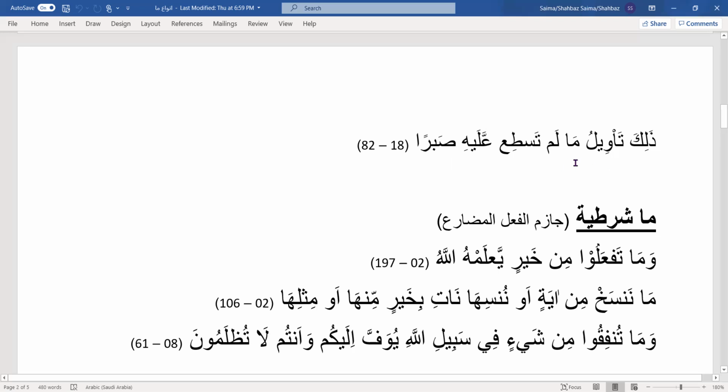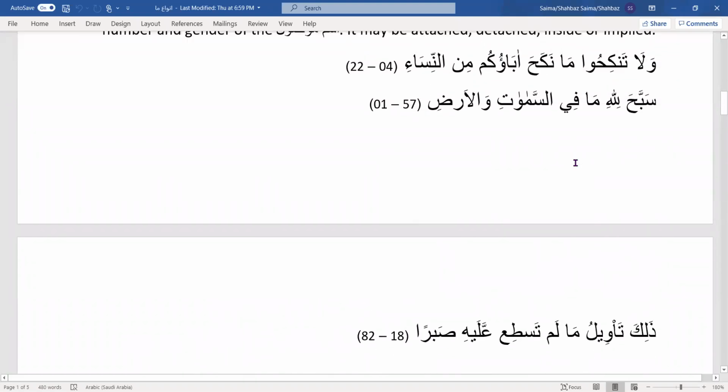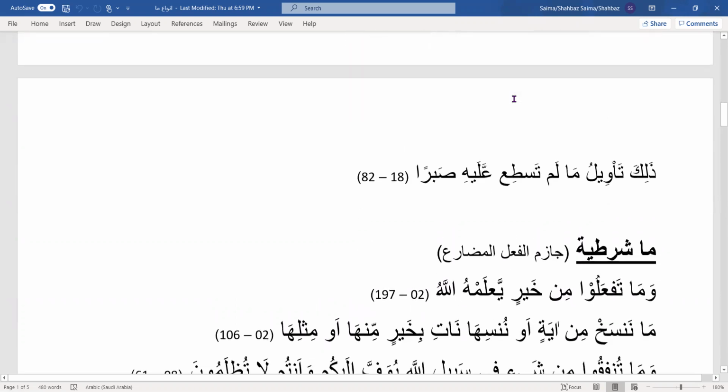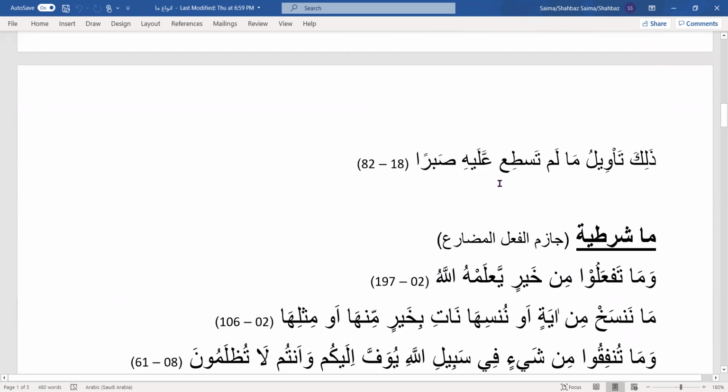So this ma mausulah with its sila plays a role in the sentence, and we used three examples here. In the first example, it was playing the role of maf'ul. In the second, it was playing the role of fa'il. And over here, it is playing the role of mudaf ilayhi.